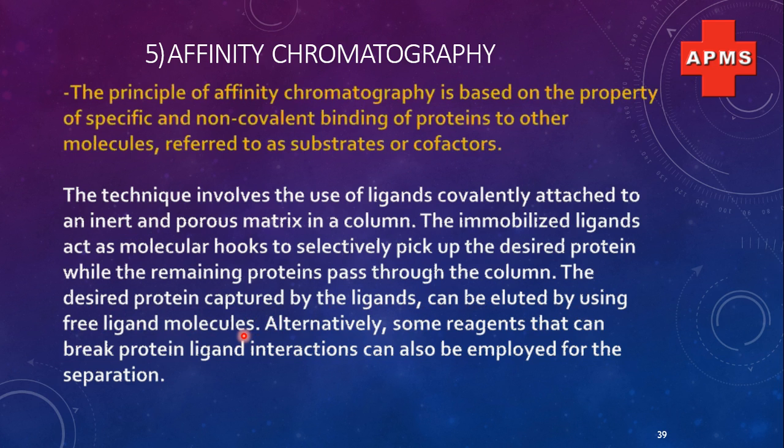If the ligands are freed from the stationary phase, then this retained protein can be eluted from the column. Alternatively, some reagents that can break the protein-ligand interaction can also be applied for the separation. So by changing the composition of the mobile phase, involving specific reagents, the retained protein can be eluted by breaking the protein-ligand interactions.